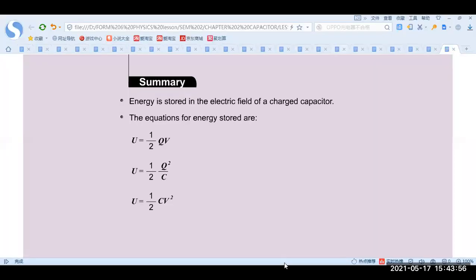Ladies and gentlemen, those are the concepts of capacitance and the capacitor we learned today. After this, I will send you one set of questions regarding today's lesson.